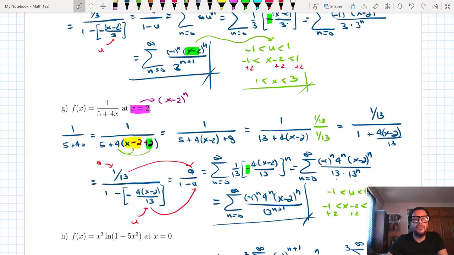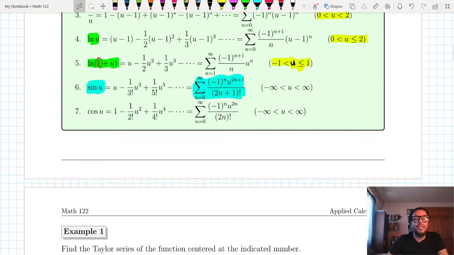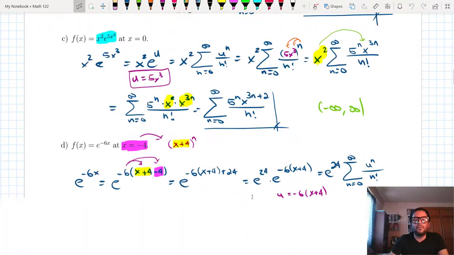Let me go up to show you the series for cosine and how different it is from the series of sine. It looks very similar, except the power of u, which instead of being 2n plus 1 like in sine, is just 2n. Same for the denominator, the factorial is 2n factorial, not 2n plus 1.